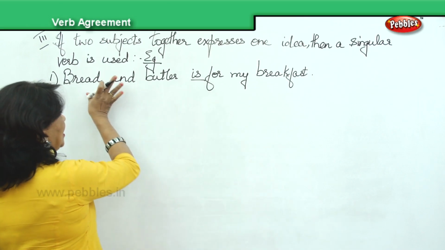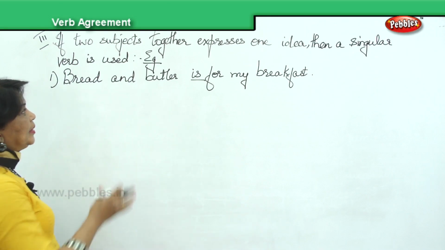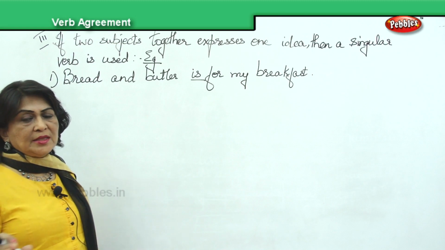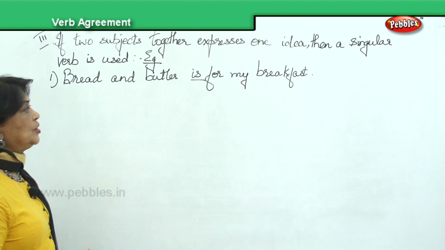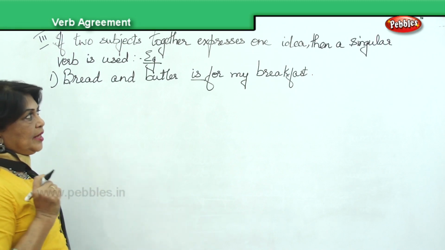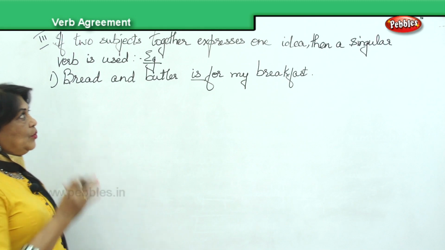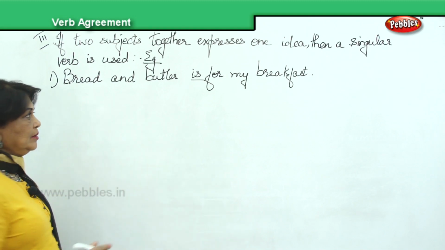So, we add these two subjects, two different subjects, but it talks about one entity, that is a sandwich. We apply butter on the bread and we take it for breakfast. So, one entity together they make. So, we use the singular verb.